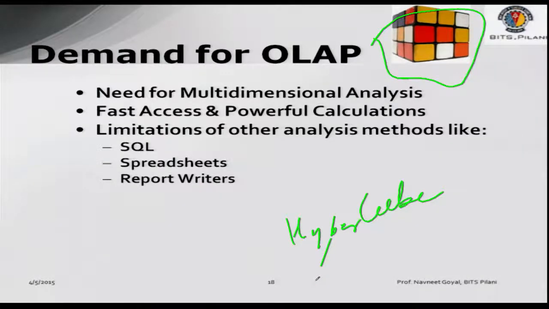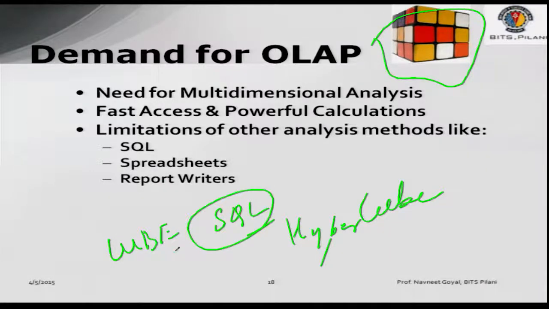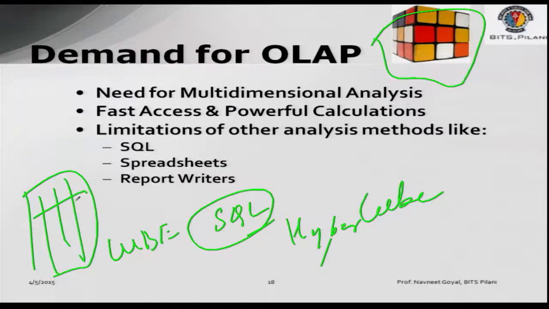Most of the OLAP operations can be performed using this cube operator, and this cube operator has been incorporated in SQL also. If you are given data in a relational format, I can generate a cube out of that. Those details will come. Then there are the limitations of other analysis methods like SQL, spreadsheets and report writers.